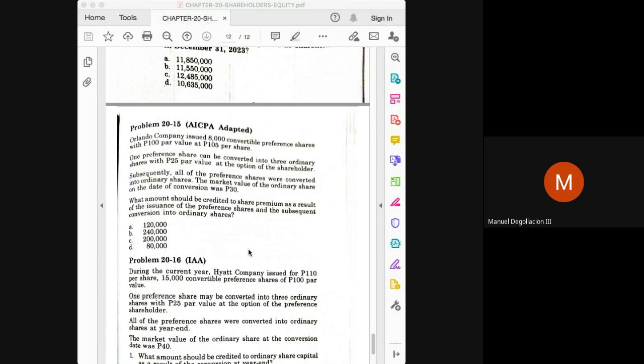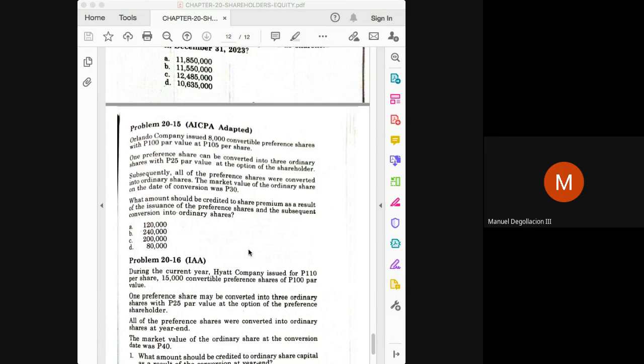Okay, so we have convertible preference shares here, which were issued at 105, which is above its par value. So there will be a share premium here. So 8,000 times 5. The 5 is the excess of the issue price over the par value.